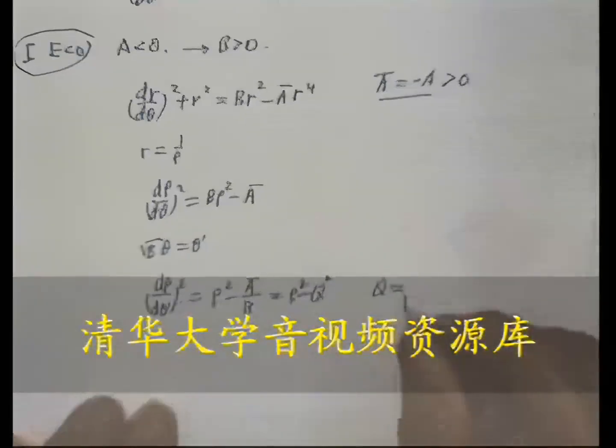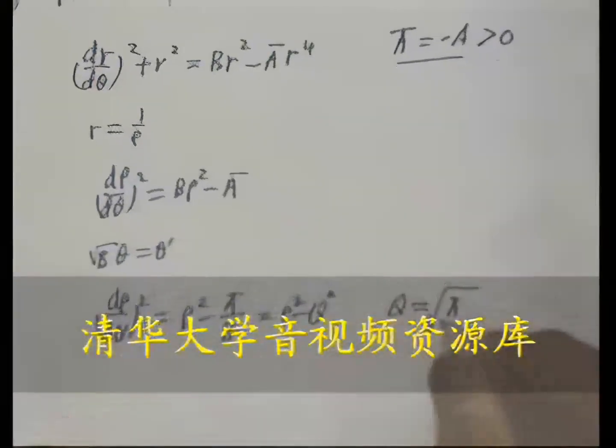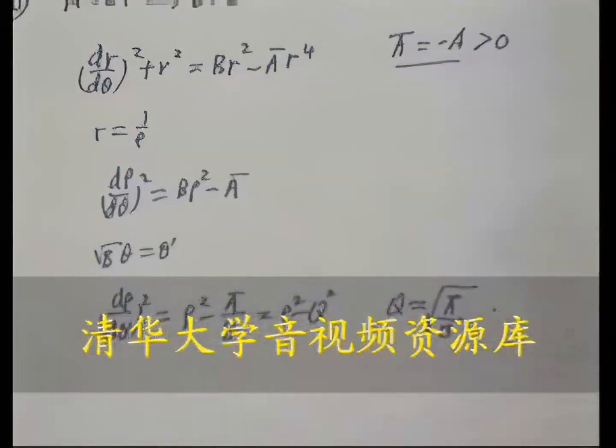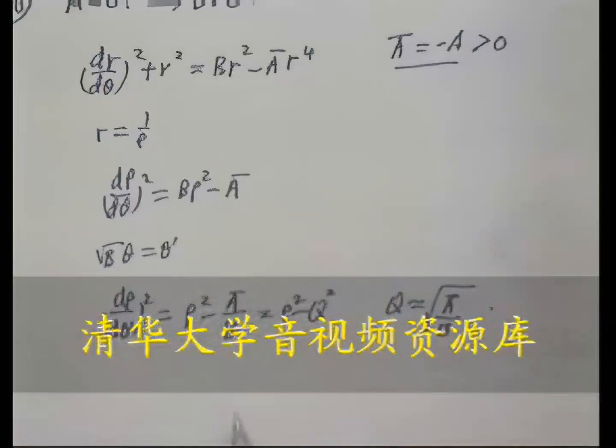Q 是等于 square root of A bar over B. All those are very similar to what we had before, except for a sign change. It's no longer minus rho squared. It now becomes plus rho squared.